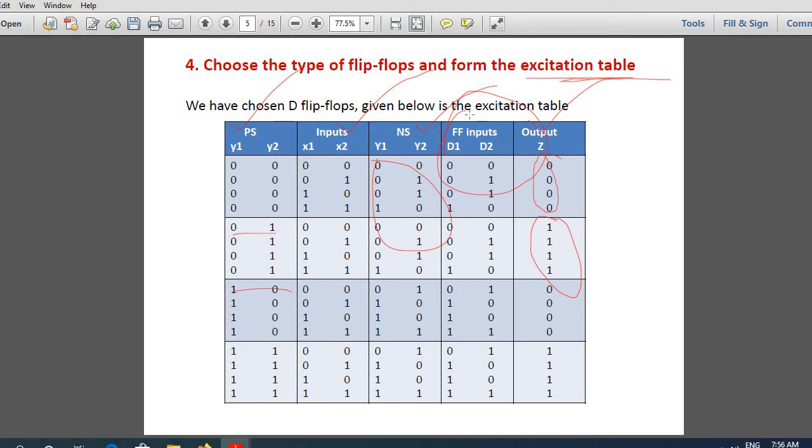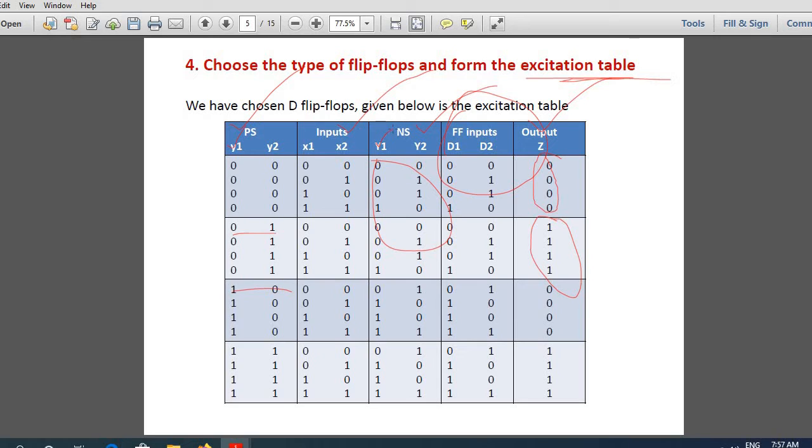Now, the question is how you can form the flip-flop inputs. You have present state 2-bit, next state also 2-bit. Here you are calling it small y1, small y2. Here you are calling it capital Y1 and capital Y2. How am I going to find D1 and D2? You have to take small y1 and capital Y1.